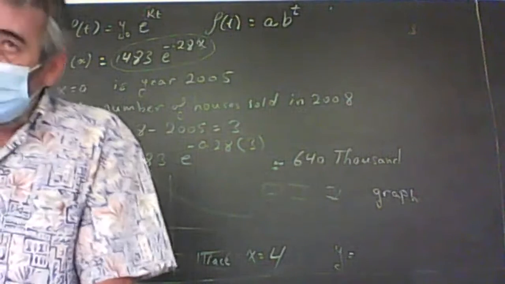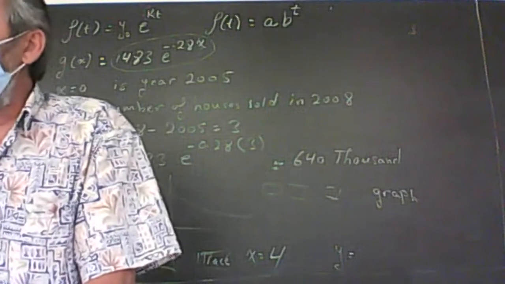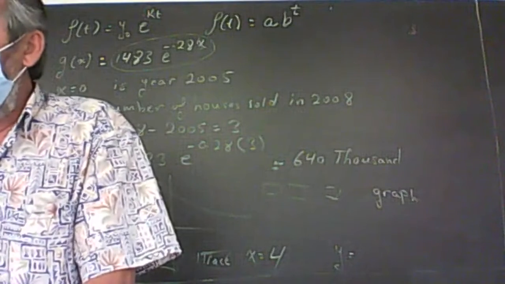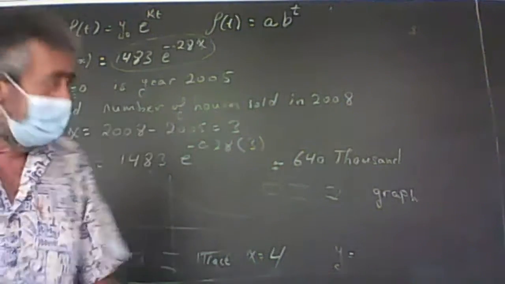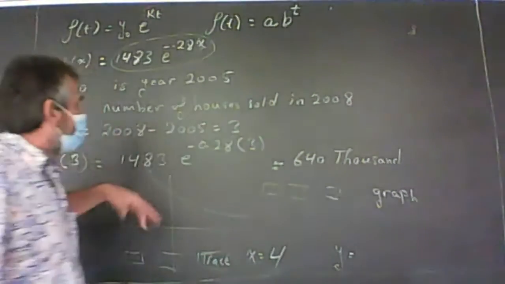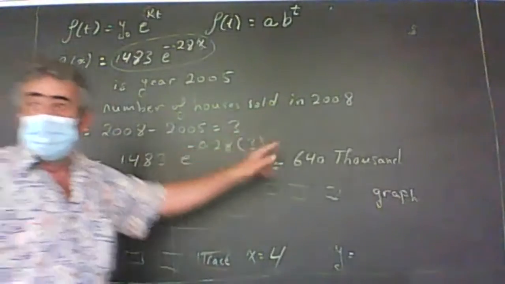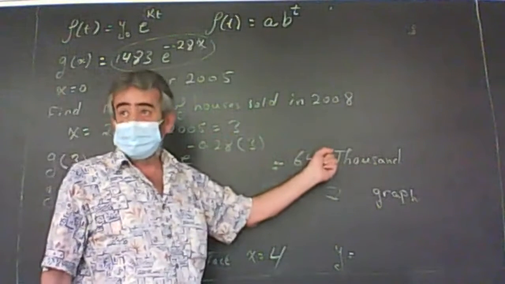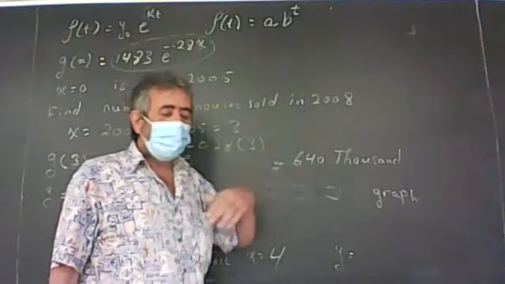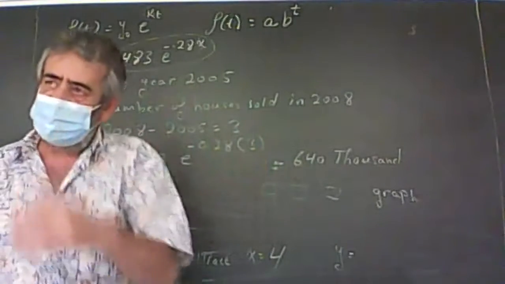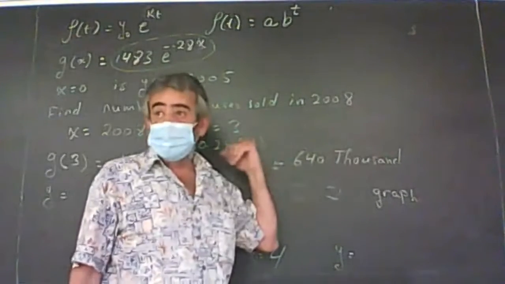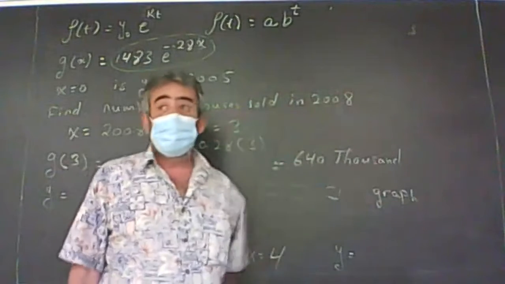Yes, we can find values for x. We already know at 3 it is 640,000, yes? So if I want it to be below 500, do I move forward or backward? We need to move forward.